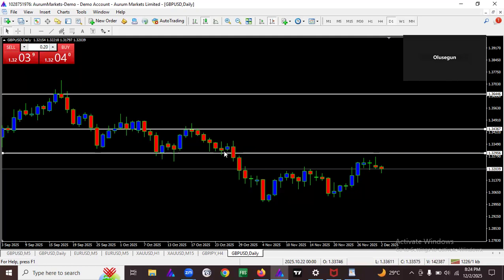Now, after this candlestick broke out from this support, you know this support has now become a resistance. It has become the ceiling. So after this breakout, most times price is expected to retest that broken support that has become a resistance before it continues selling, before price starts dropping.